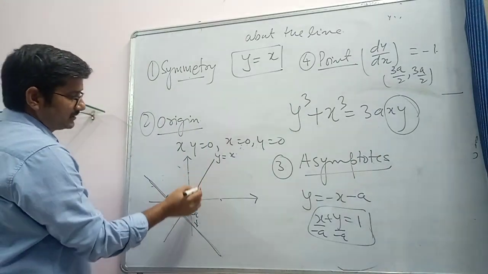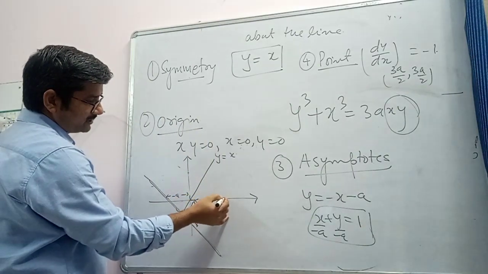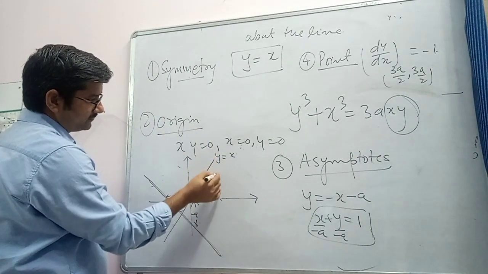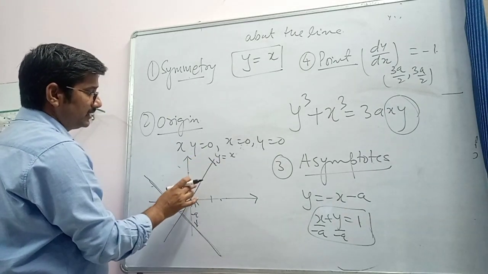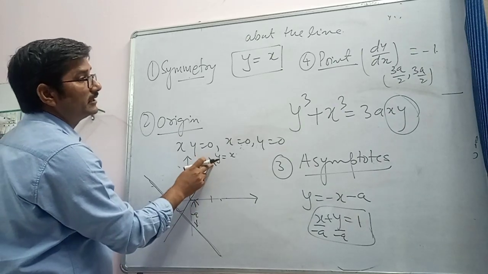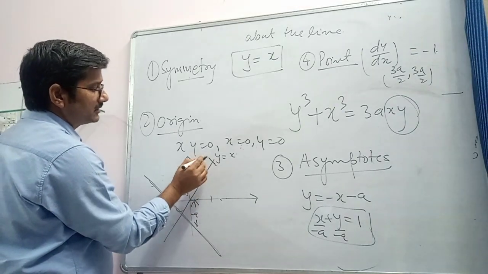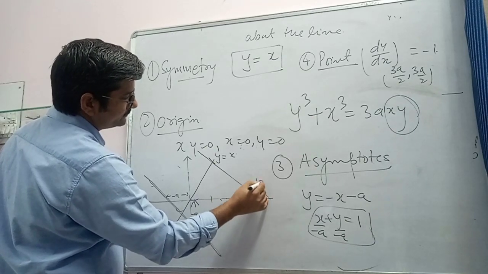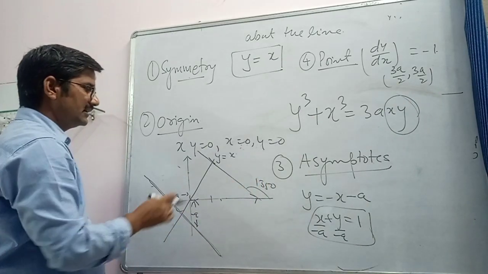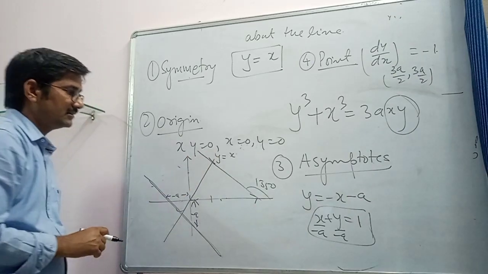It means, suppose a is this distance, so 3a by 2 is this one. So suppose this curve intersects this line at this point, 3a by 2, 3a by 2. So the slope is 135 degrees. So you can take an idea of the shape of this curve. Okay.